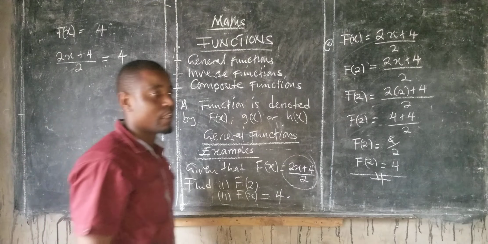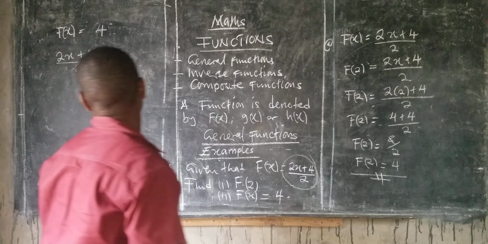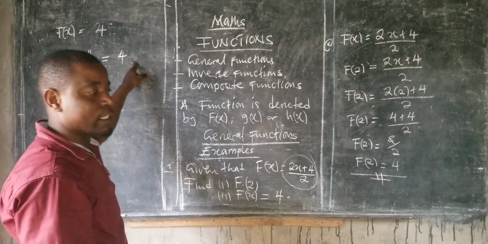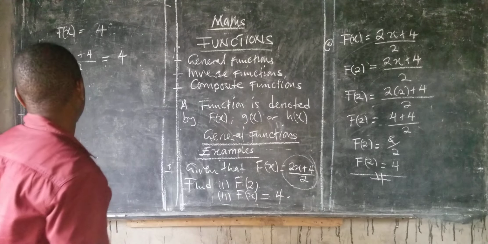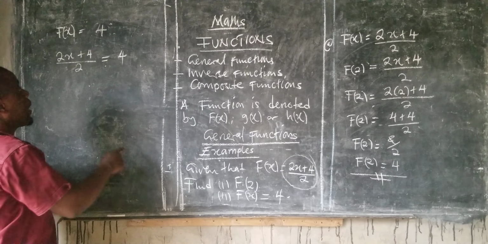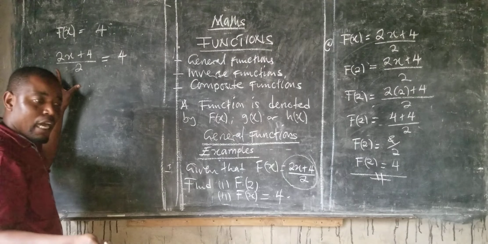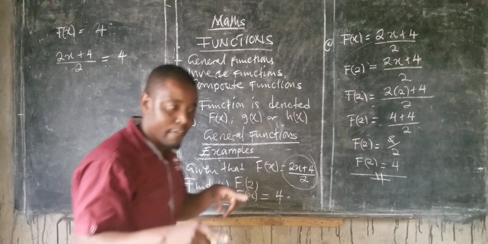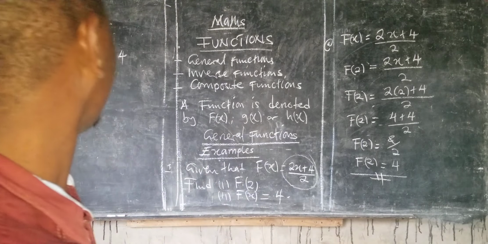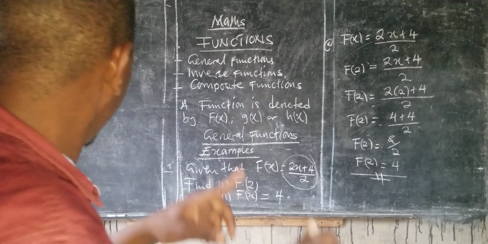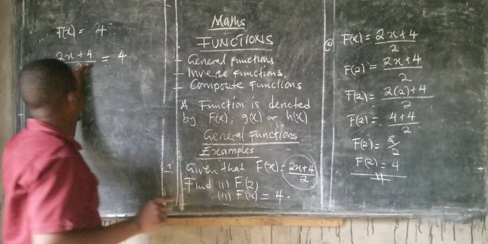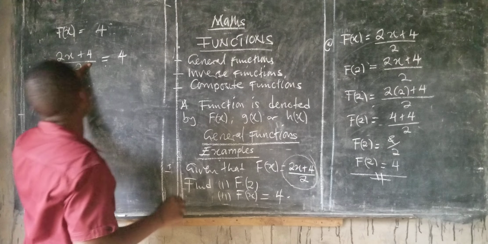Now we have 2x plus 4 over 2 equal to 4. This is an equation involving a fraction. The first thing to bear in mind is to get rid of the 2 in the denominator.